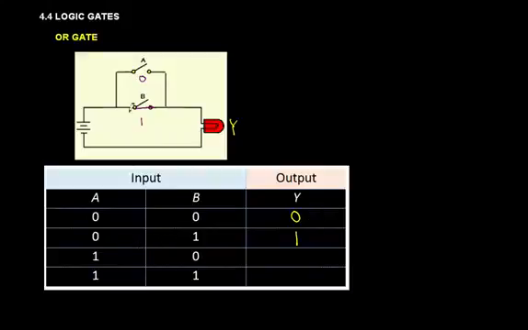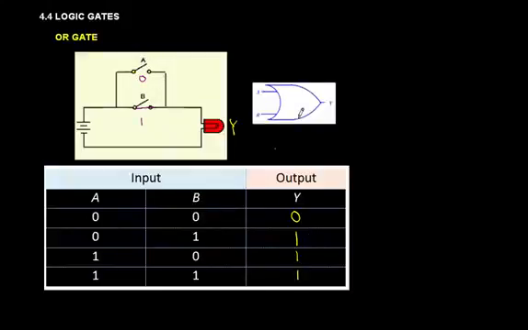Similarly, if A is 1, B is 0, it also will light up because there's a complete path for the current to flow. And if both is switched on, 1, 1, also is 1. This is a symbol for the OR gate, A input, B input, and the Y, the output.